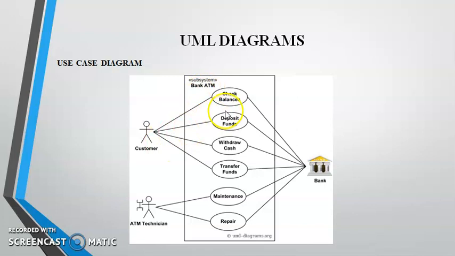The customer can check balances, deposit funds, withdraw cash, transfer funds. Whatever operations are performed by the customer, it is stored or updated in the bank. Updations are recorded in the bank. And next thing here is the ATM technician can maintain the ATM center. If any repair occurs, it is informed to the bank.